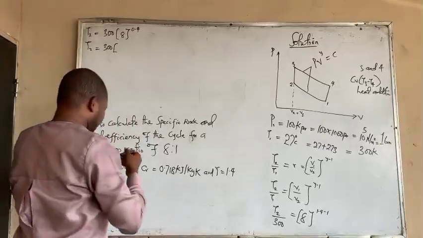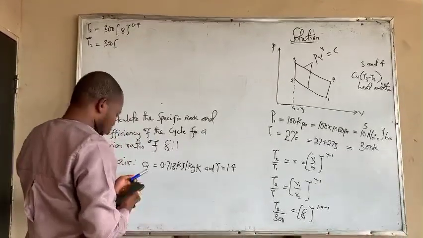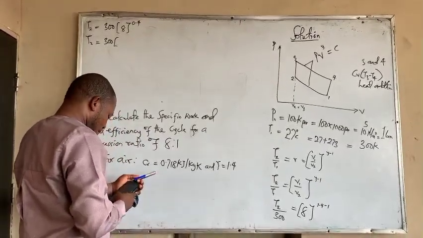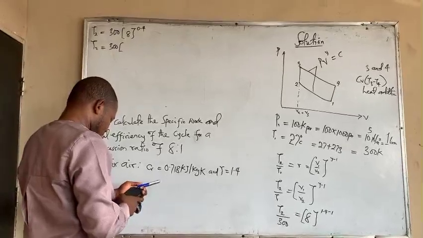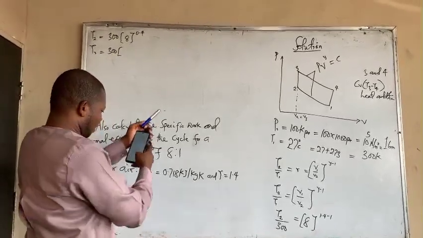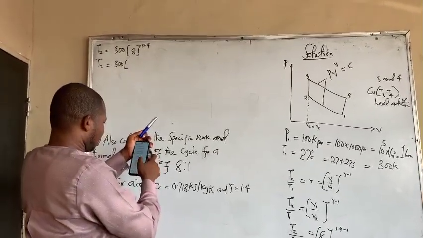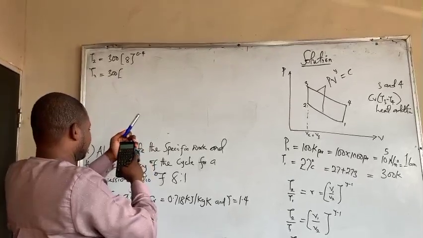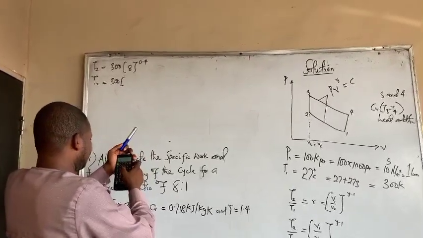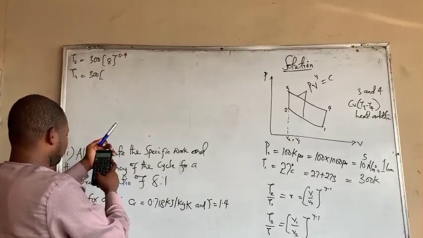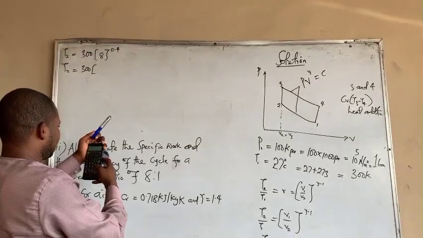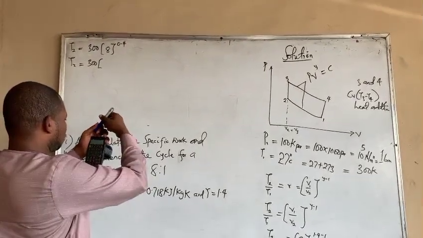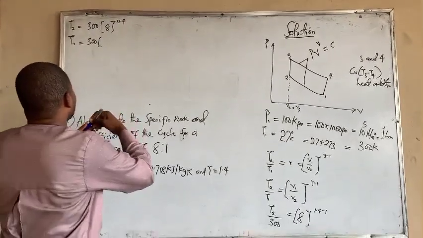So T2 further becomes 300 into, okay, let's simplify 8 raised to the power 0.4 and see what that gives us. Let me open up my scientific calculator. 8 raised to the power 0.4 gives me 2.2974.